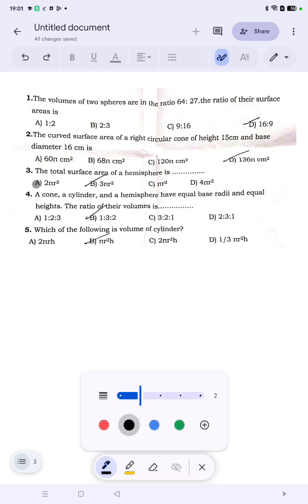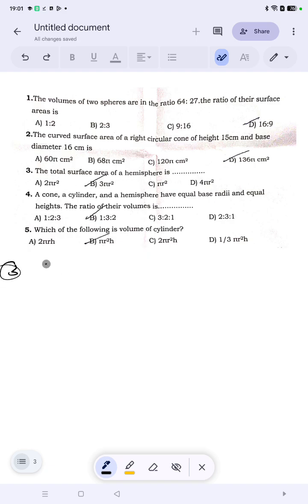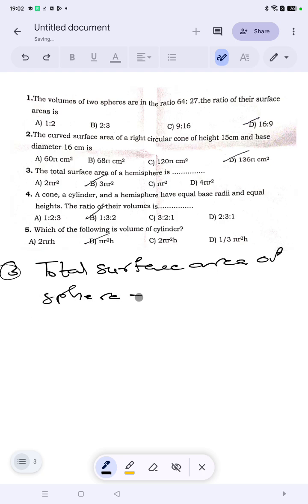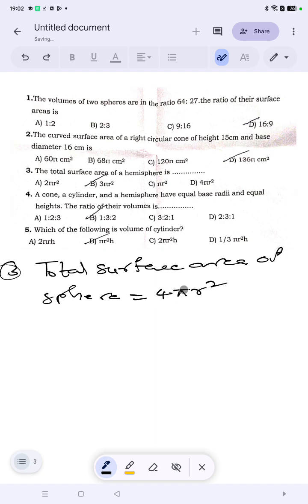The third question asks for the total surface area of a hemisphere. As we know, the total surface area of a sphere is 4 pi r square.